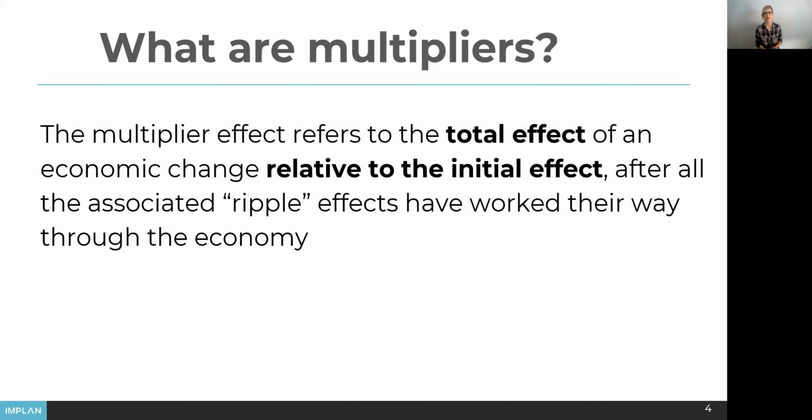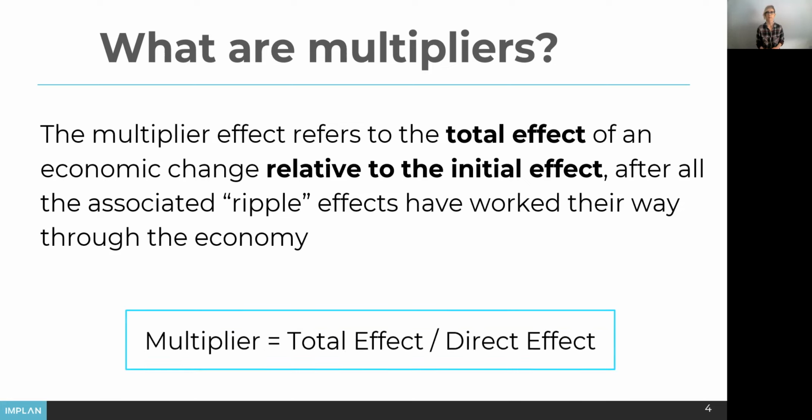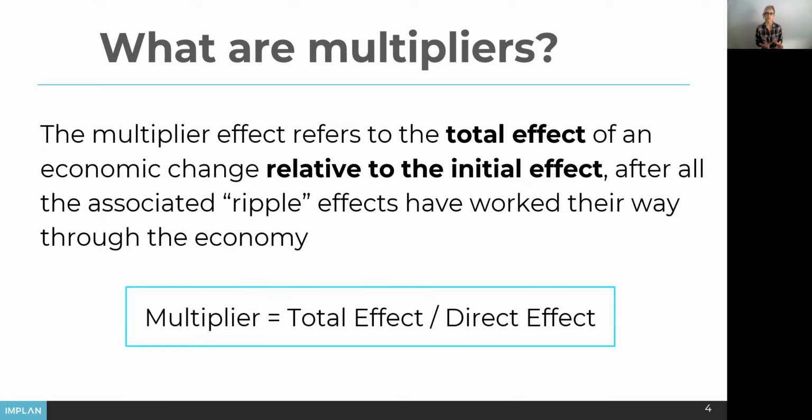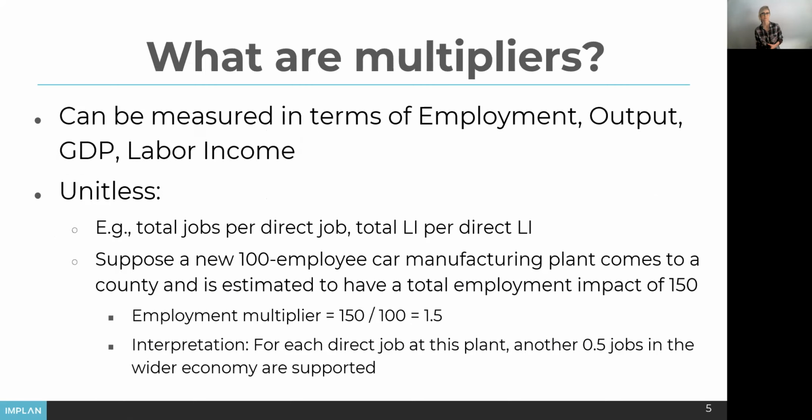Another way to state it then is that multiplier effect refers to the total effect of an economic change relative to the initial effect after all the associated ripple effects or secondary effects have worked their way through the economy. So basically, the multiplier is the total effect divided by the direct effect.